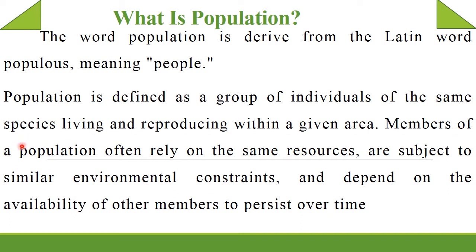Members of a population often rely on the same resources, are subject to similar environmental constraints, and depend on the availability of other members to persist over time. This is the simple definition of the word population. From which language is this word derived? It is derived from the Latin word, and it means people.